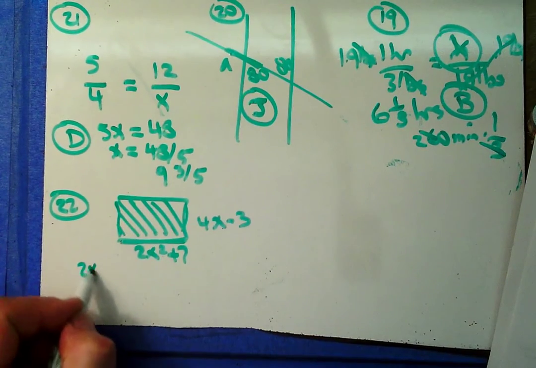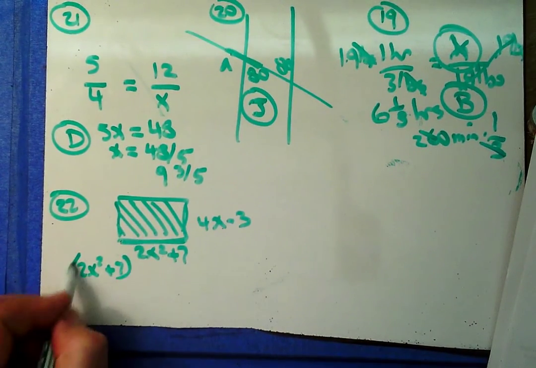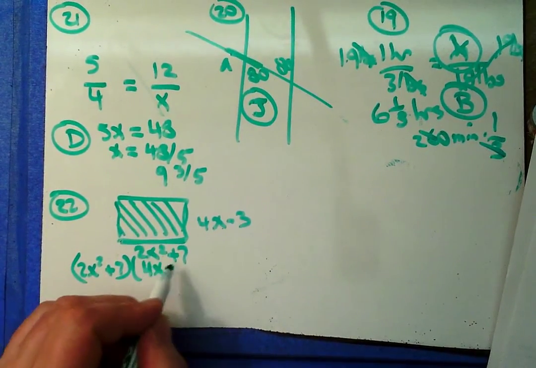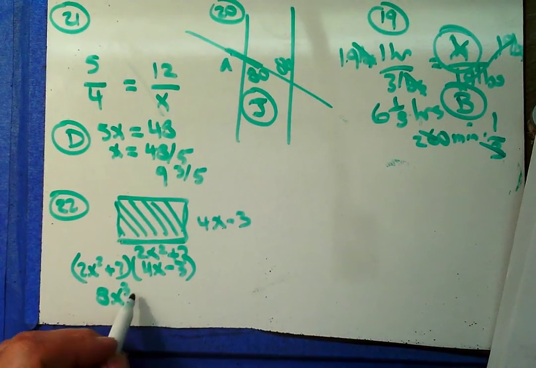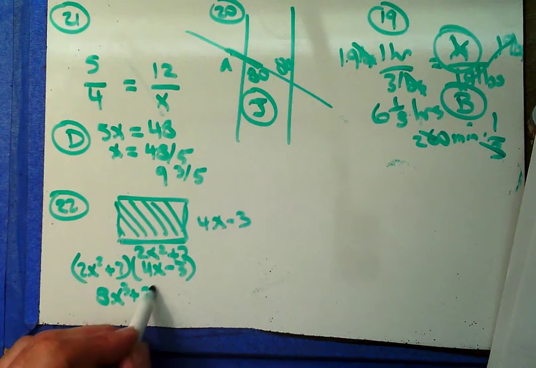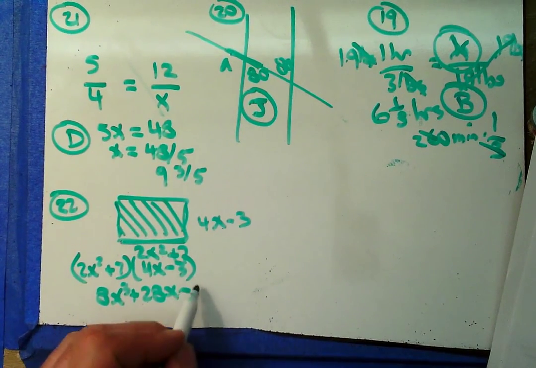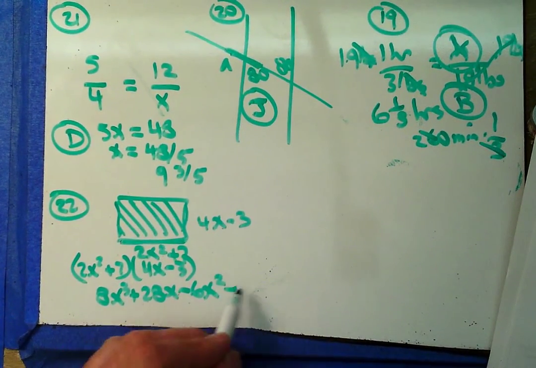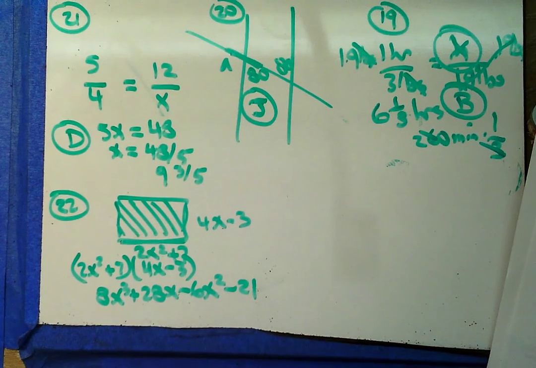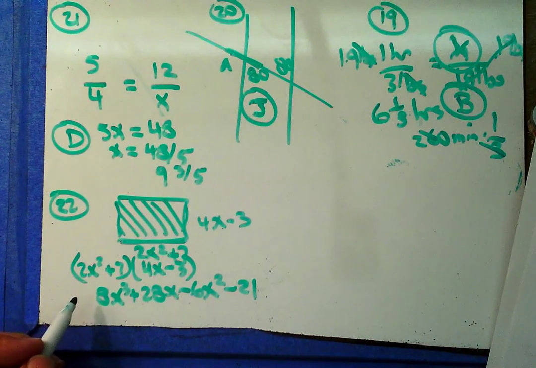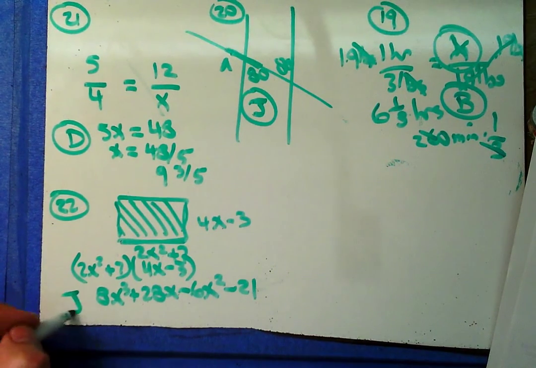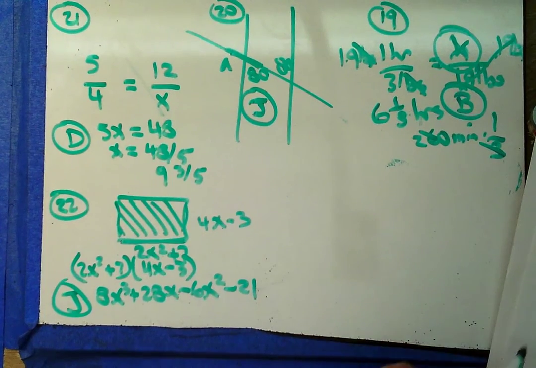And so I want 2x squared plus 7 times 4x minus 3. And that'll give me 8x to the third plus 28x minus 6x squared minus 21. And that corresponds to choice J. J for number 22.